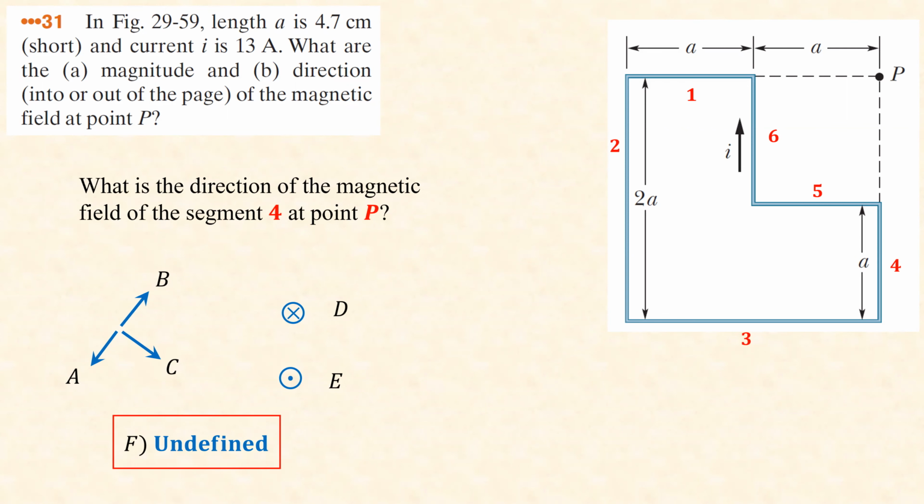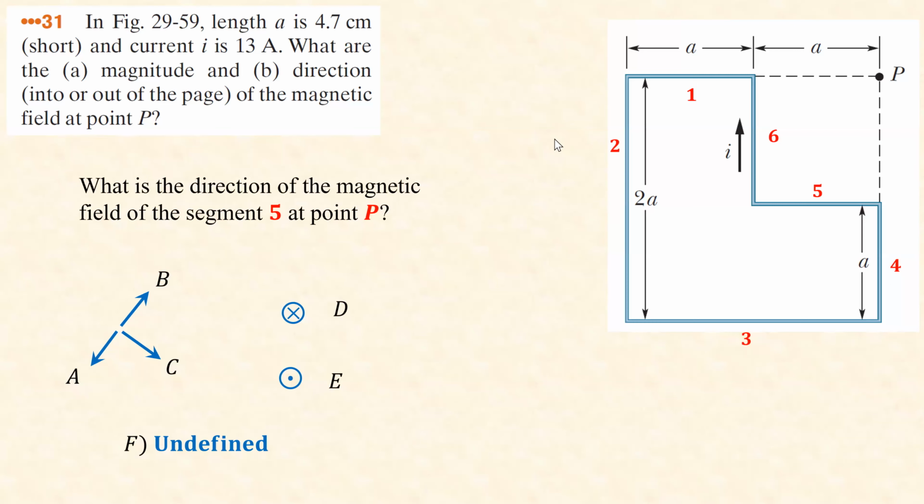So when the magnetic field is 0, the direction is undefined. And for 5, the answer, okay, people are very good.